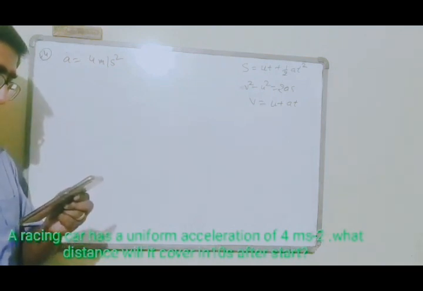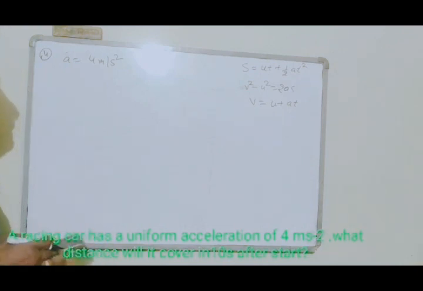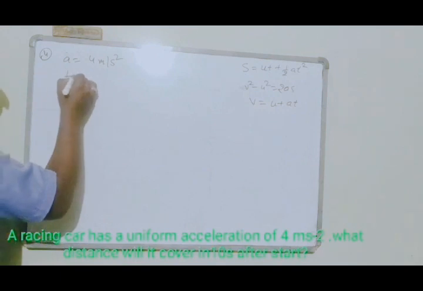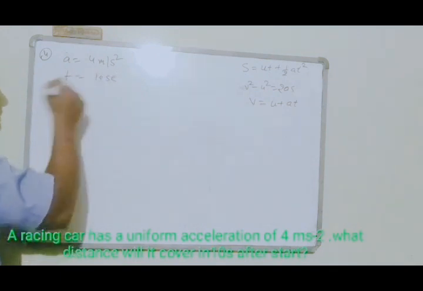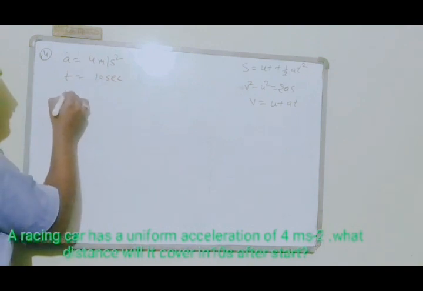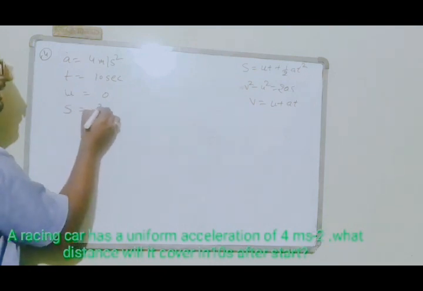What distance will it cover in 10 seconds after start? 10 seconds after start means time is 10 seconds. After start, it means initially the object is at rest. So U is 0 and we have to find out the S.